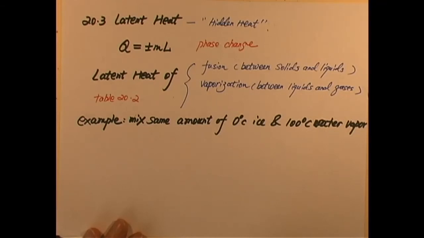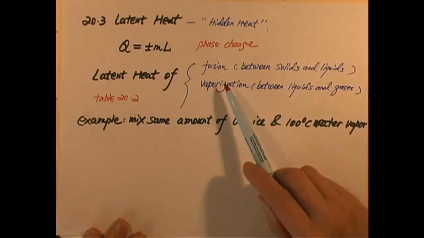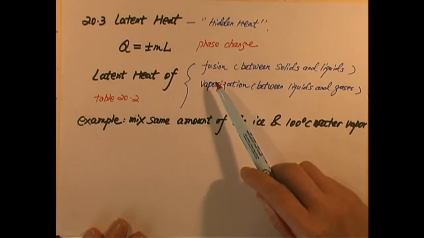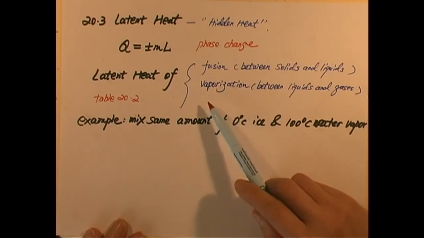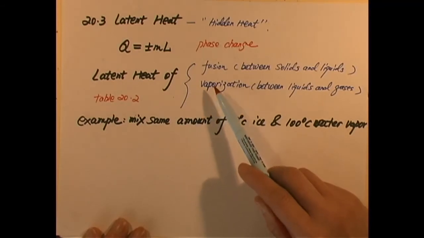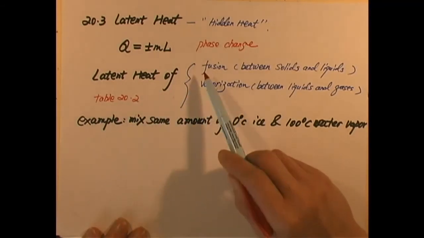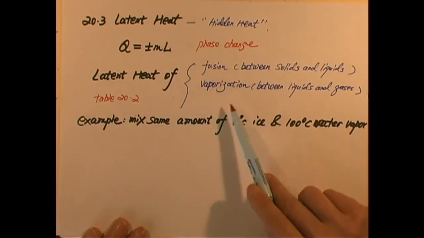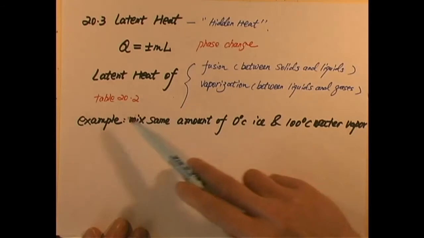So there is the phase change between solid and liquid, when ice melts, the solid changes to liquid. And liquid to gas, that is water vaporizing. So latent heat of fusion means between solids and liquids. Latent heat of vaporization is between liquids and gases.